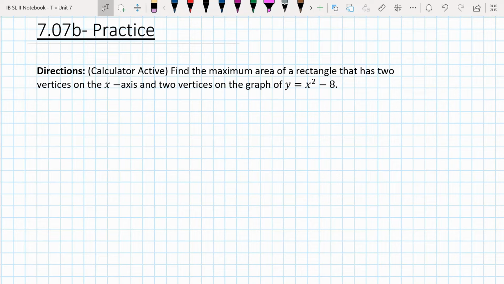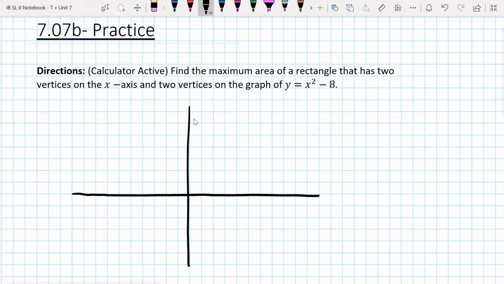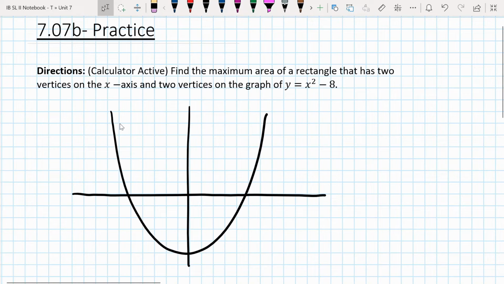Okay, so what does this look like? Let's say we have a coordinate plane here. And we're going to have the equation y equals x squared minus 8 going through the coordinate plane. X is over here.